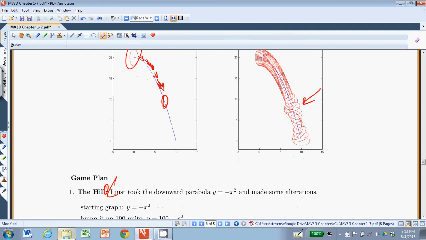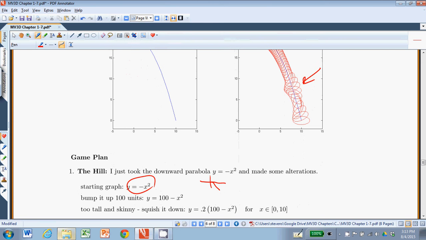Okay, so the first thing I'm going to do is just create my hill and my character. The hill looks just like negative x squared, which looks like this, but I don't need the left-hand part of that. And I need to bump this right half of the parabola up by 100, but then that just makes it too big, so I multiply that by 0.2.